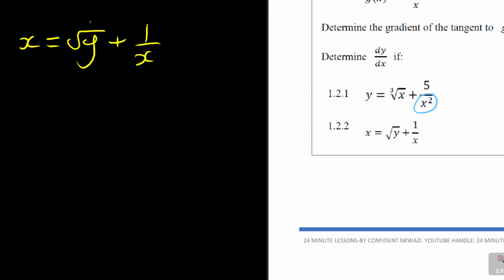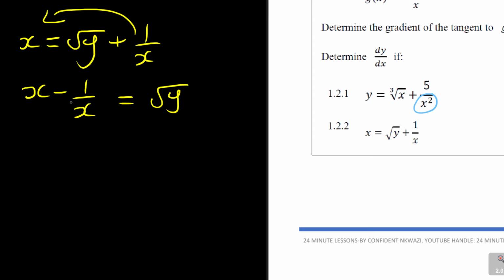Alright, so if we are to do that, we can take this x to the other side. So you've got x minus 1 over x, that is equal to square root of y. From here, what can you do? It's up to you what you want to do here. You can square both sides, or you can add, but let's simply square both sides. Square and square.